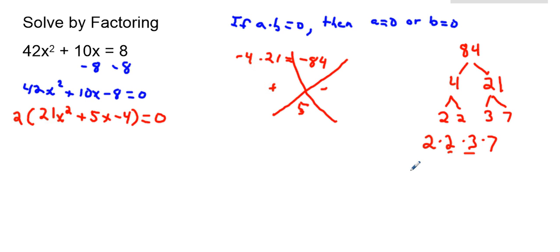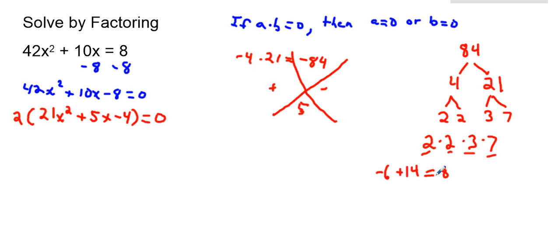I'm going to group those together. 2 times 3 is 6. That leaves me with 2 times 7, which is 14. Since the larger number has to be positive and the smaller one negative, 14 plus a negative 6, or 14 minus 6, is equal to 8. Not 5, so that wasn't the grouping we needed.